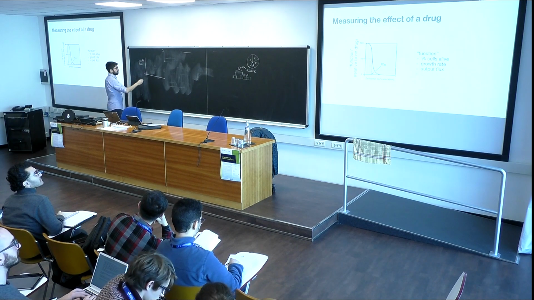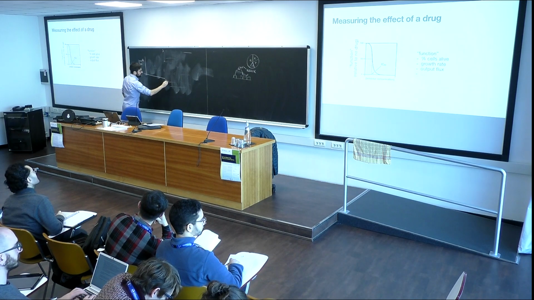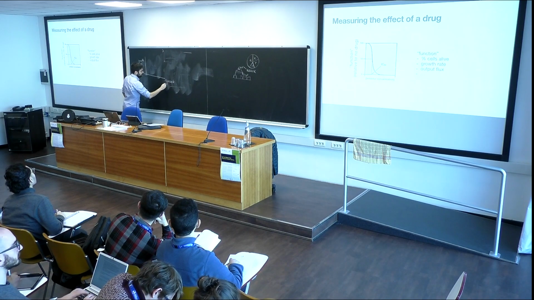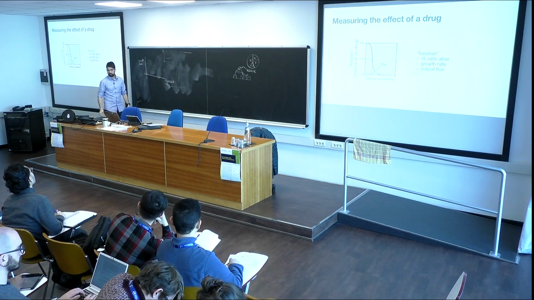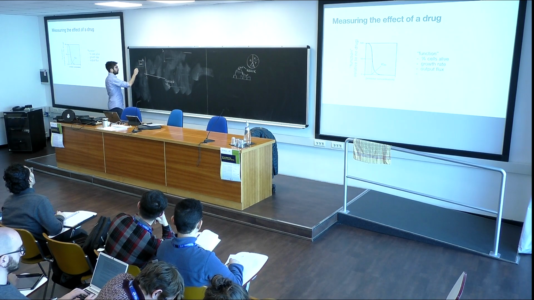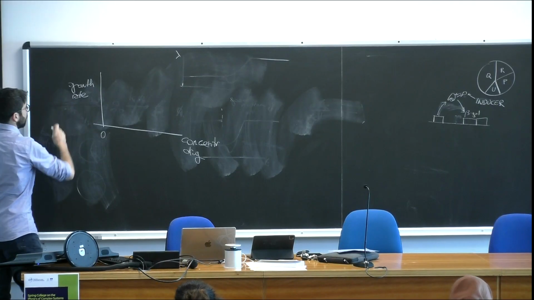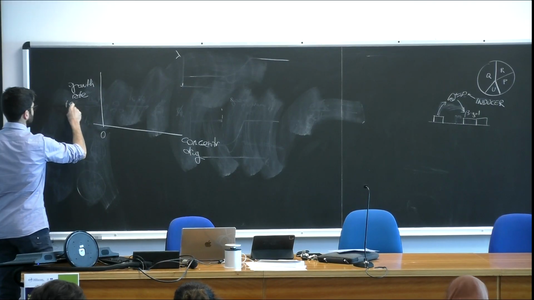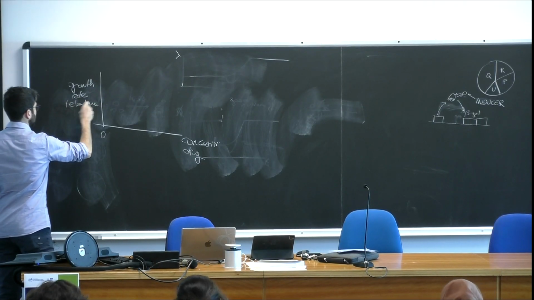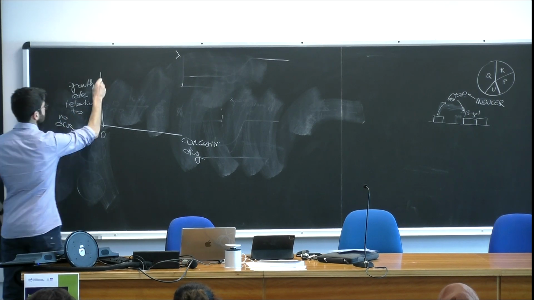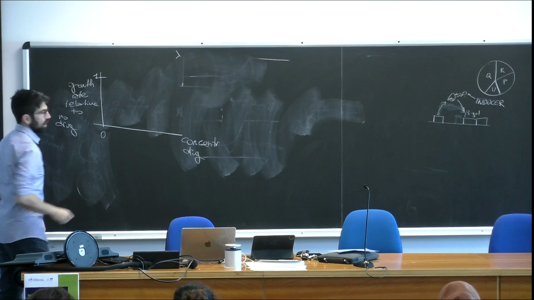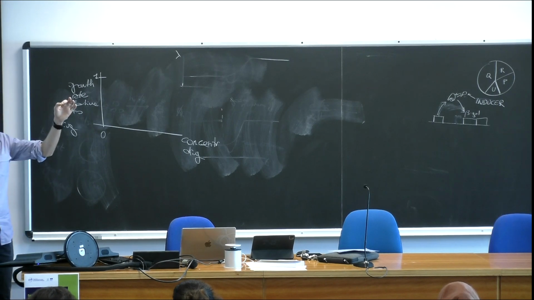And let's say that this is the concentration of the drug. Here you have 0, and I want to know what is the growth rate relative to no drug, right? So this is 1. If I give no drug, I have 1.